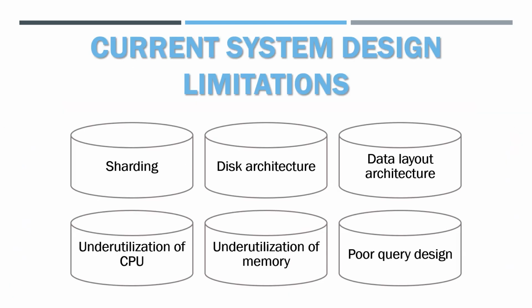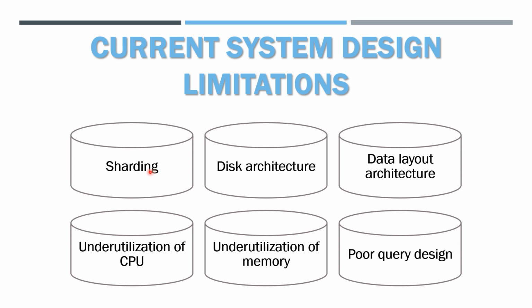There are several design limitations in the current data warehouse. All these six are the current design limitations. First is sharding, because the RDBMS cannot shard data efficiently due to the ACID compliance rule.